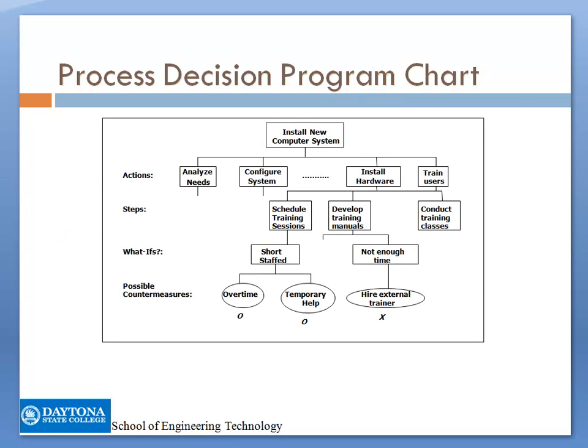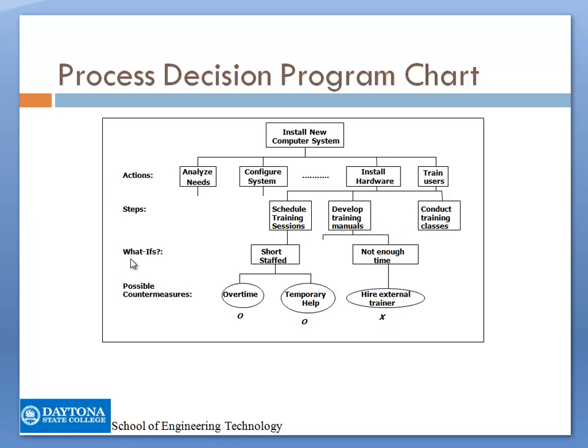This is an example. The main objective is to install a new computer system. You have one level and these are called actions, and for that you need to analyze the needs, configure system, install hardware, train users. Then you have a second level, which is the steps. For install hardware, you need to schedule training sessions, develop training manual.